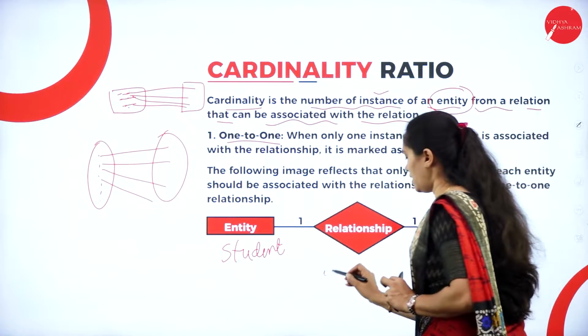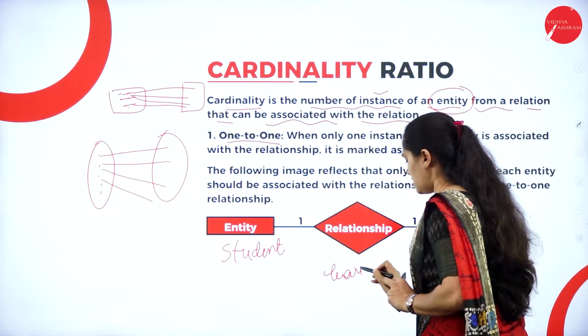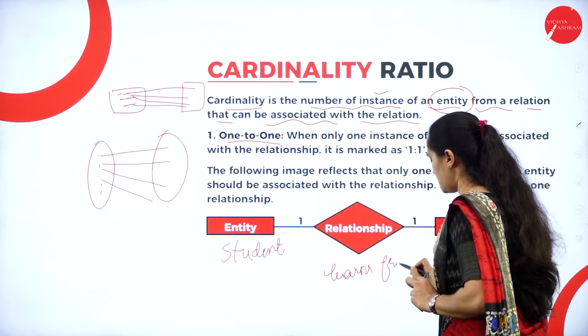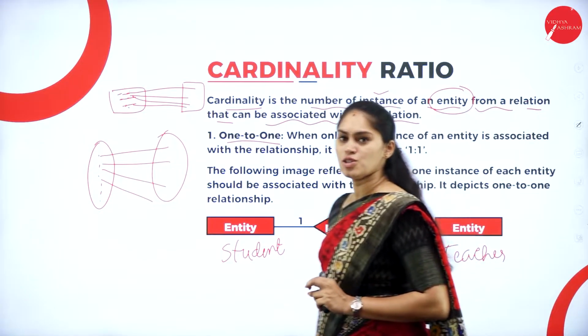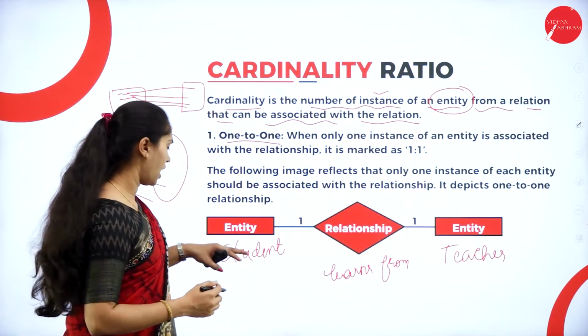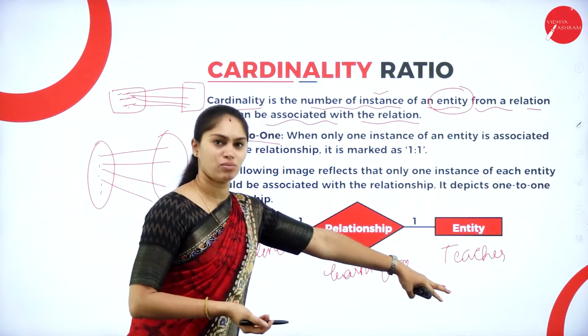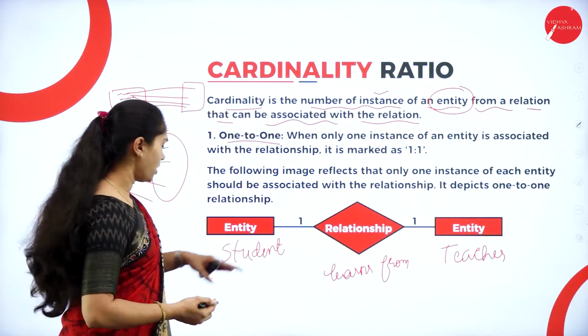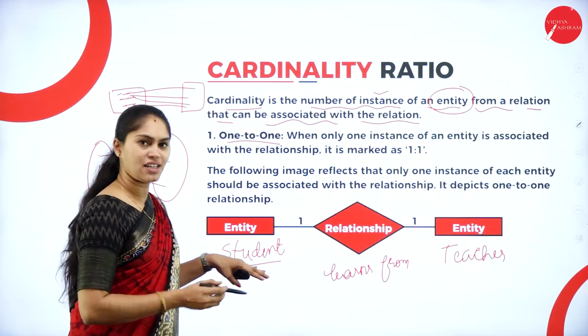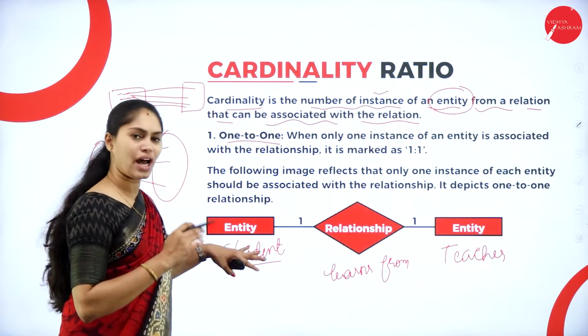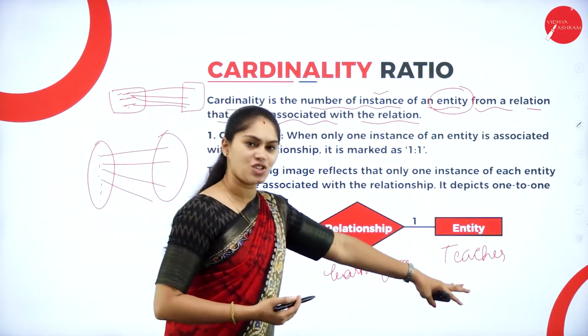Student learns from. So you just imagine we have one entity called student and one more entity called teacher. Here this student entity instance is going to have a relationship with this teacher entity.